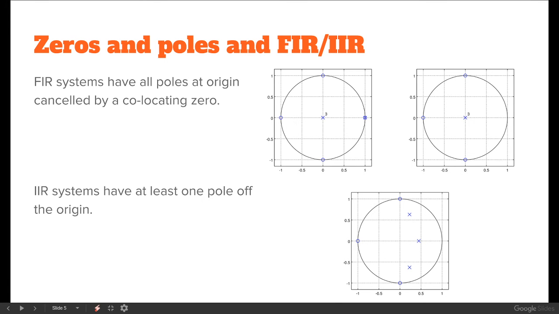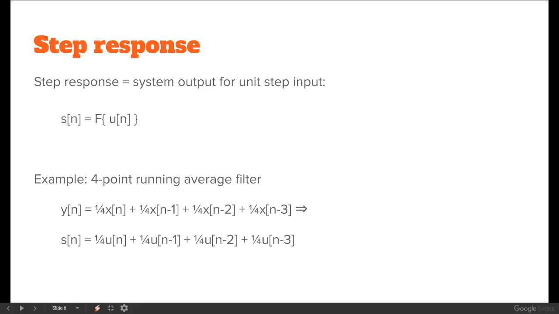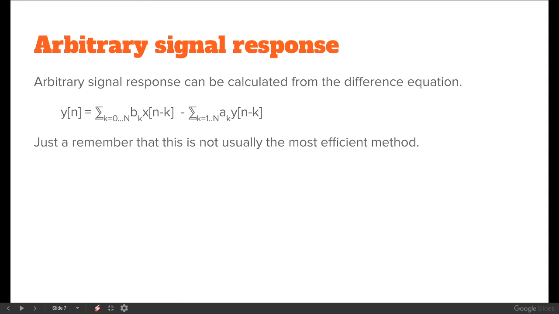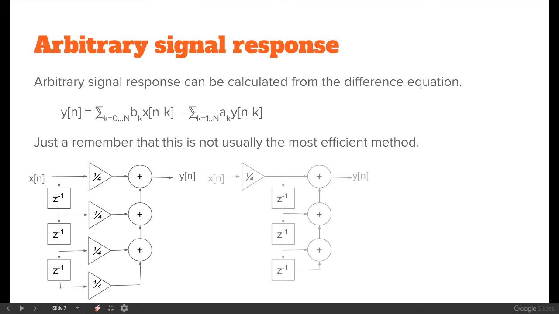Zeros and poles tell also if it's FIR or IIR. For a linear time invariant system, if you have any non-zero poles that are not cancelled by a collocating zero, then you have IIR. Step response, just a curiosity actually, mostly curiosity for the digital systems. Arbitrary signal response, basically you calculate in MATLAB, you calculate with the filter.